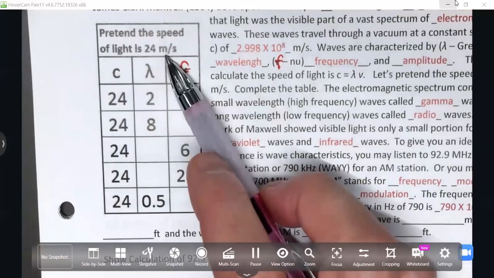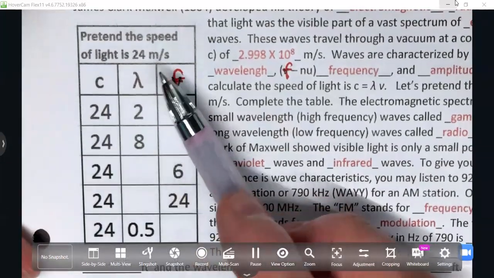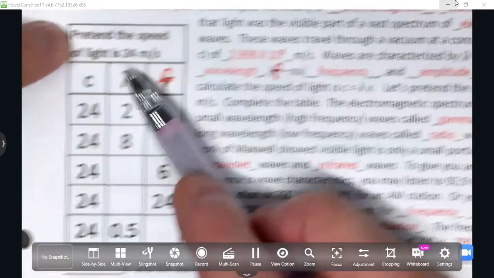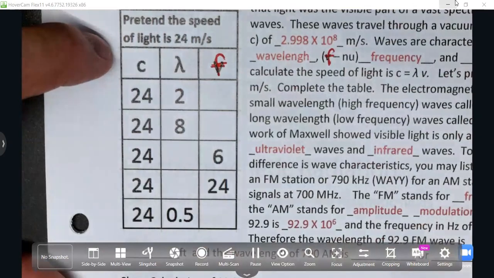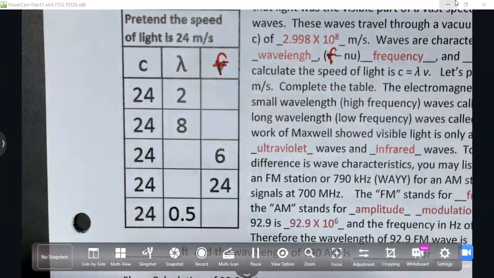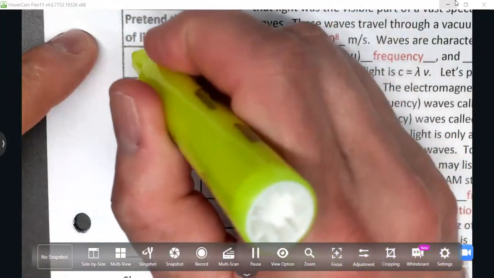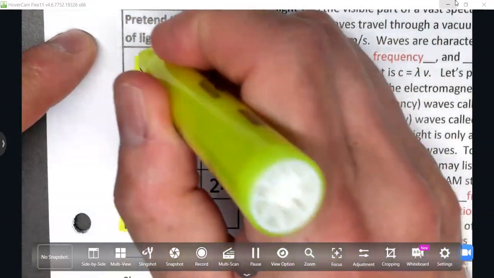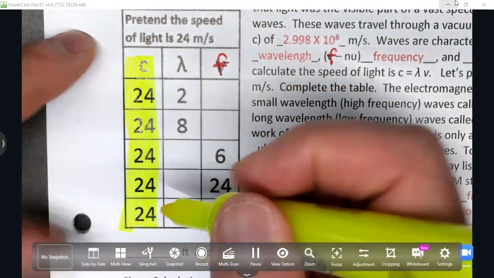Here's my example. Let's pretend the speed of light, instead of 3 times 10 to the 8 meters per second, is 24 meters per second. You cannot change the speed of light, right? You don't have any control over that.